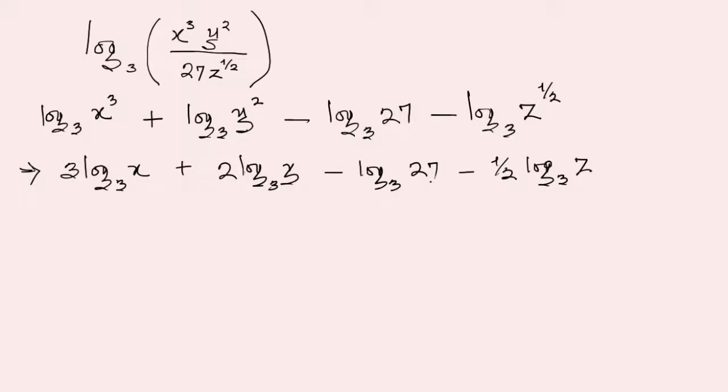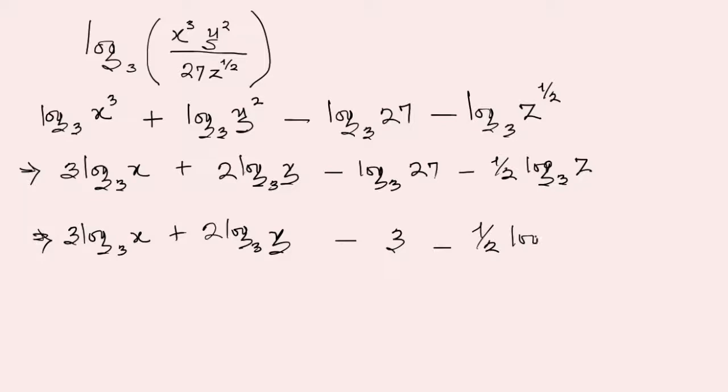Log to the base 3 of 27, we know that to be 3. So our final answer will be 3 log to the base 3 of x plus 2 log to the base 3 of y minus 3 minus half log to the base 3 of z, and that's our final answer.